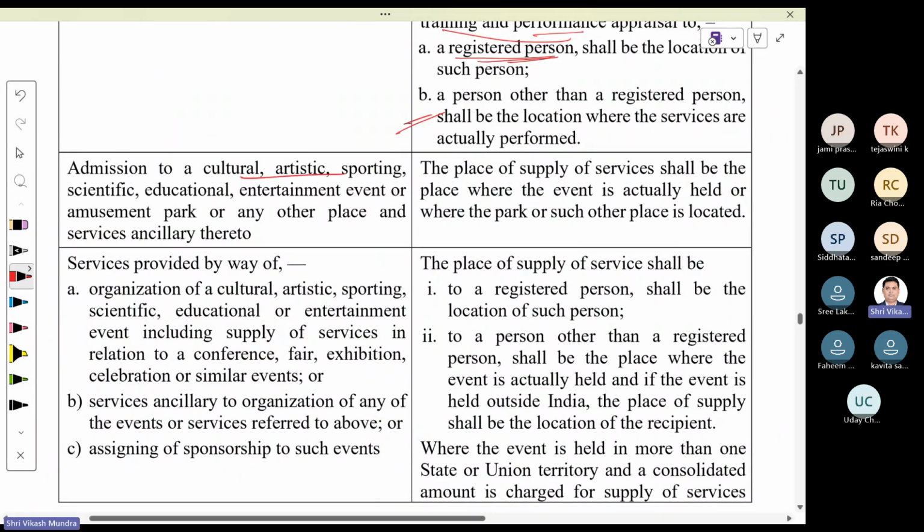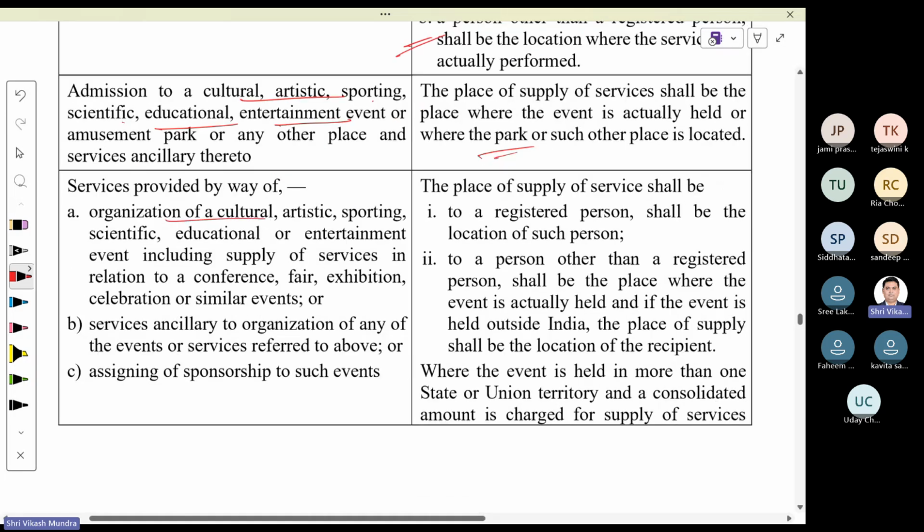Admission to cultural, artistic, sporting, scientific, educational, entertainment events or amusement park: where that park is located would be considered as the place of supply. If service is provided by way of organization of a cultural, artistic, sporting event, this is an event management service.